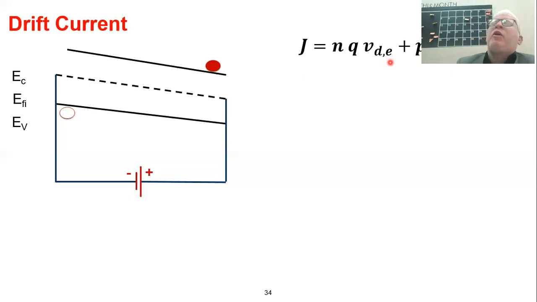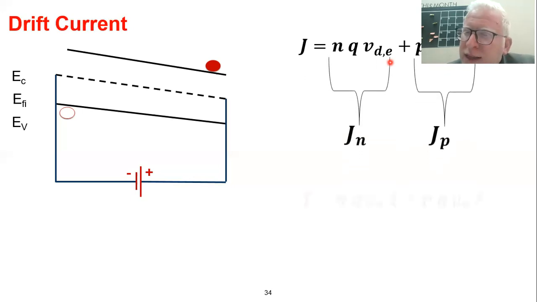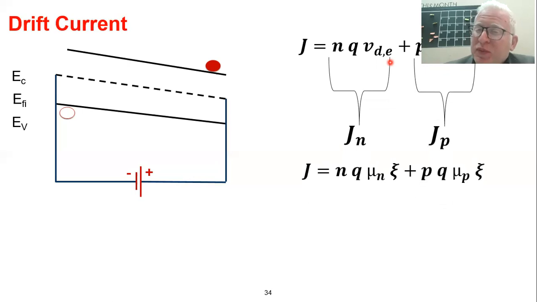May I ask a question now? Does the velocity of electrons equal the velocity of holes? The answer simply is no. Why? Because this drift velocity equals mu, which is the mobility, times eta, which is the electrical field.